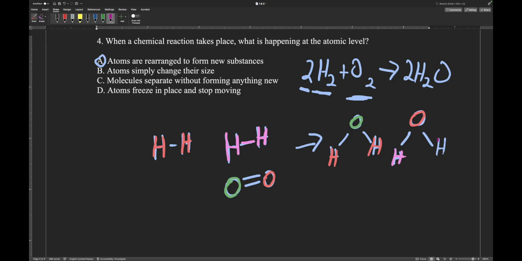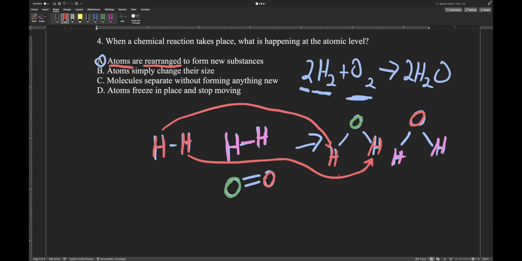So literally, we made new substances or molecules because the atoms moved around, right? So that's what's happening. The key word is being rearranged, right? The atoms are rearranged. So this H over here, this H is over here, right? So now we're forming new molecules. That's what's going on here.